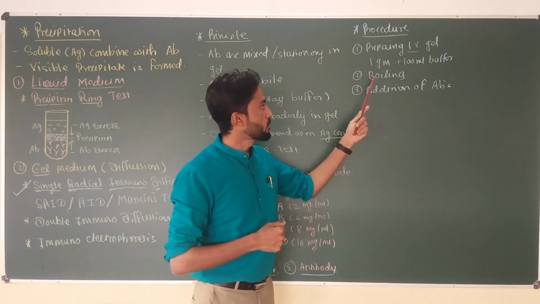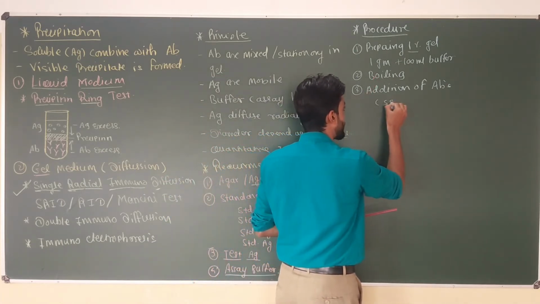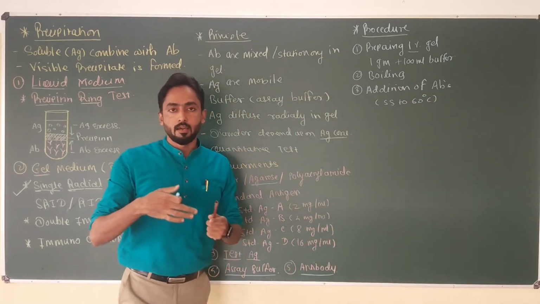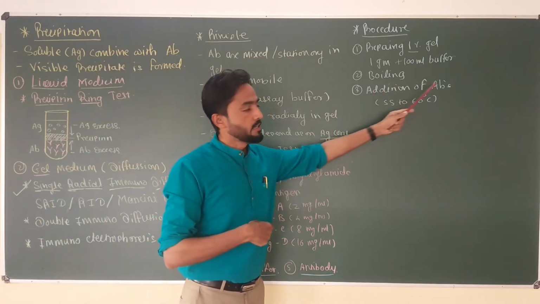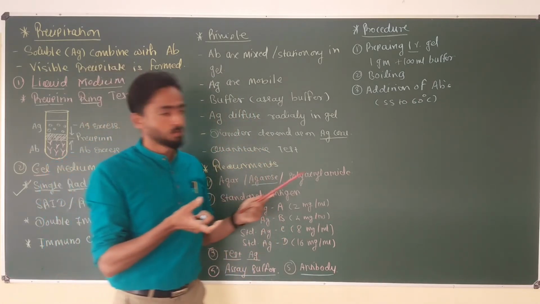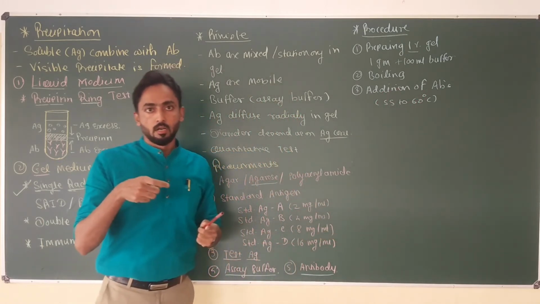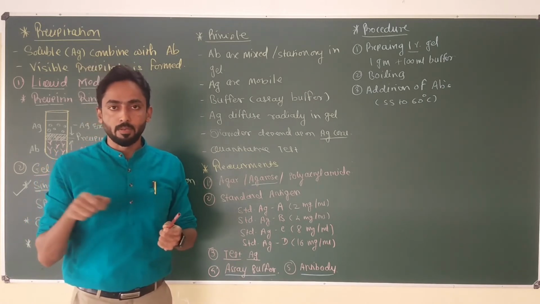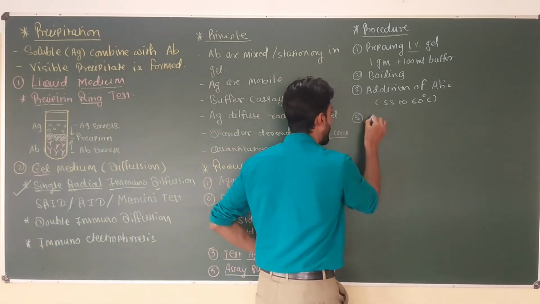So first, you have to cool this boiled agarose to 55 to 60 degrees Celsius. And after cooling the molten agarose to 55 to 60 degrees Celsius, then you add the antibody so that it remains intact. After cooling, add the antibody and mix the molten agarose solution thoroughly so that the antibody gets properly distributed throughout the gel. Then the next step is pouring.